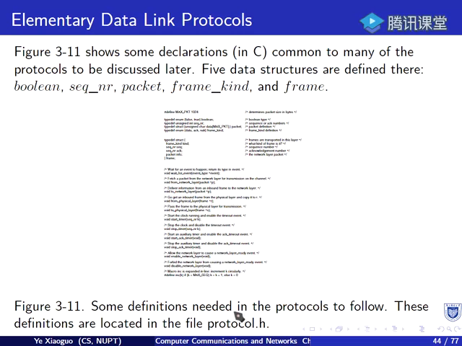This figure shows some declarations in a C program common to many of the procedures to be discussed later. 5 data structures are defined there: Boolean, sequence number, packet, frame kind, and frame.